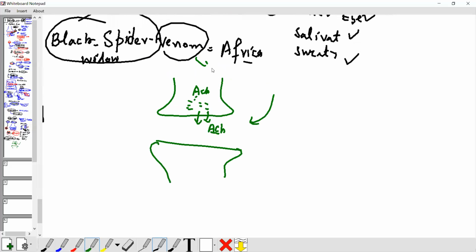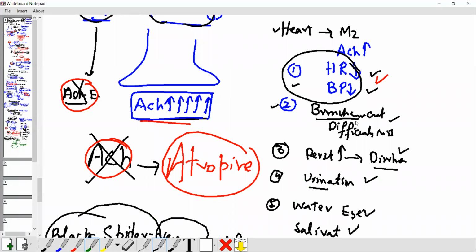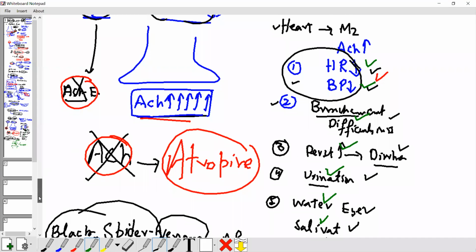Acetylcholine release is very high. If very high, again what happens to the patient? Decreased heart rate, decreased blood pressure, difficulty in breathing, diarrhea, urination, watery eye, salivation. Okay, understand?